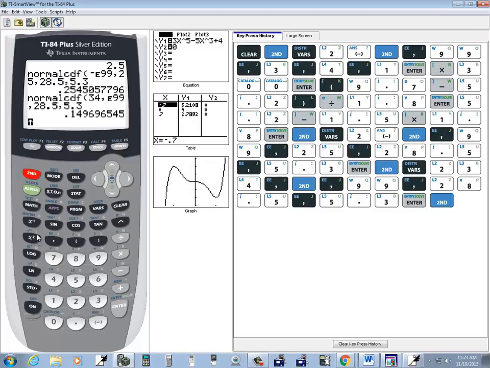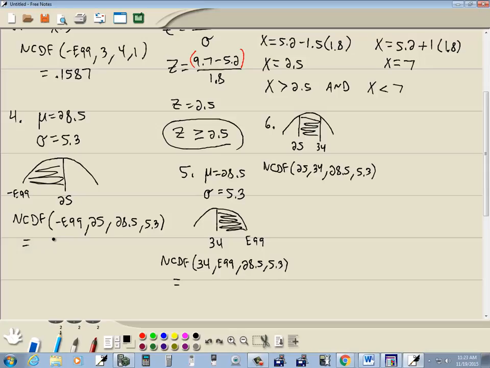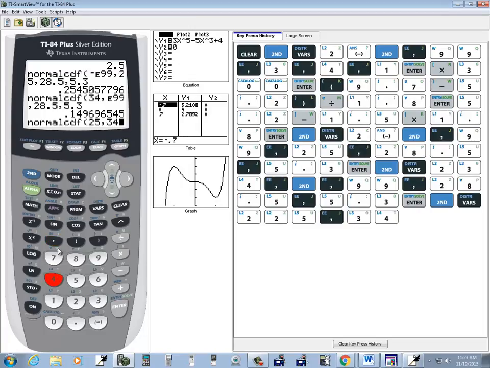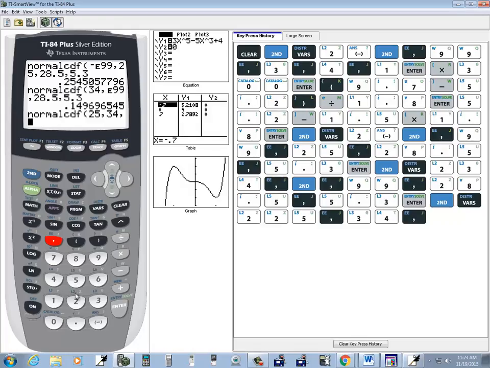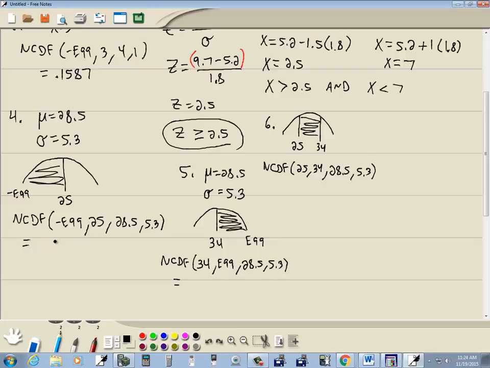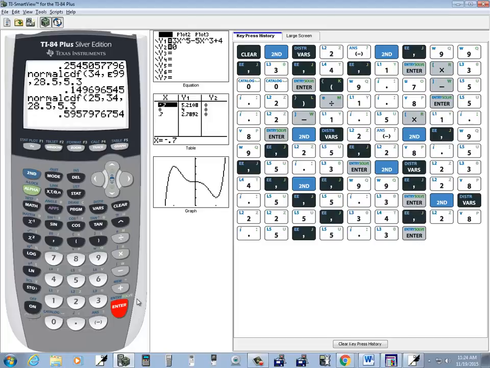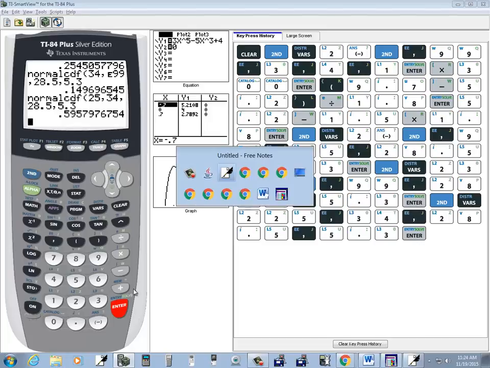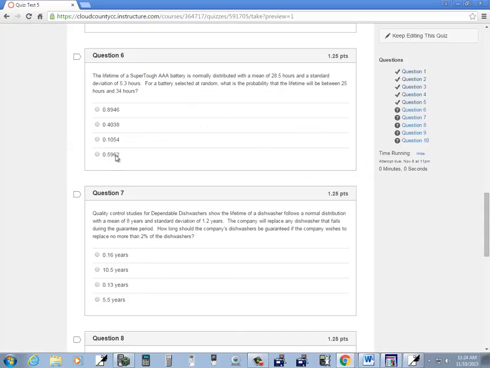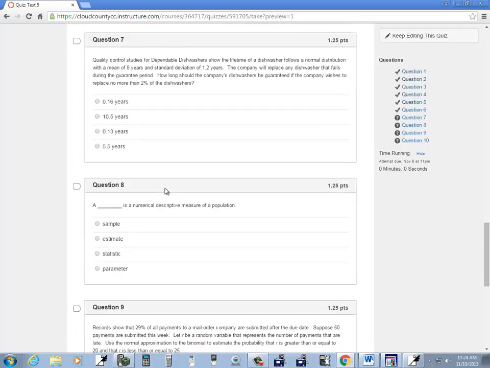Okay, so second vars, normal CDF, and we got 25, comma, 34, comma, 28.5, comma, 5.3. And that gives us 0.5958, so this is the closest one. Okay, number 7.